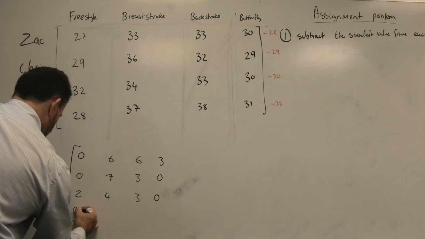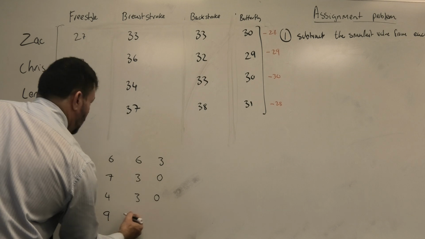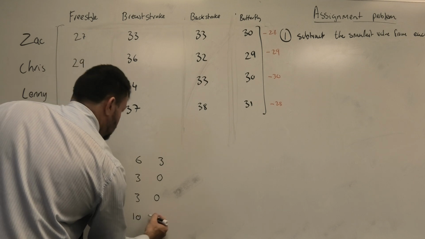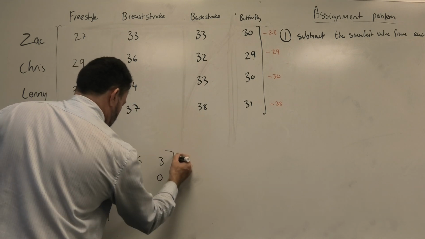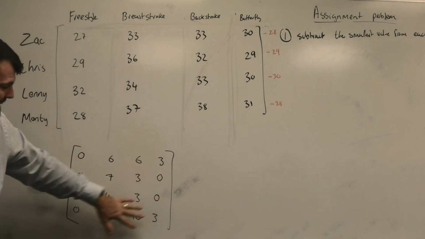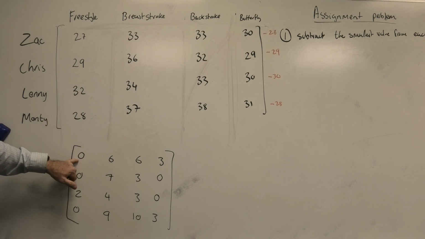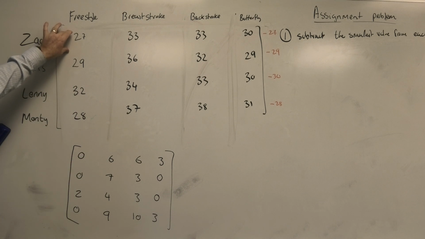And the last one will be 0, 9, 10, and 3. What we've done here is, the more zeros we can get, the closer we're getting to our answer. A 0 indicates that that could be an optimal solution.